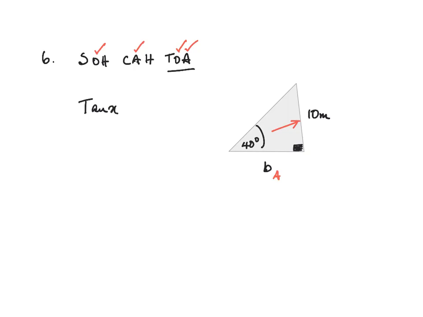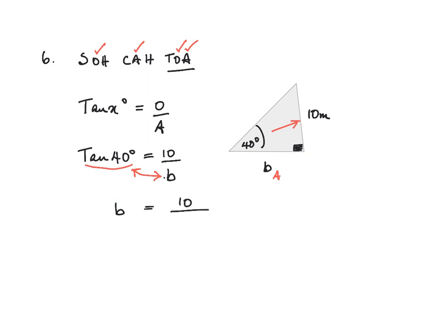Tan of x degrees equals O over A. Tan of 40 degrees equals 10 over B. Now, do you remember what to do here? These quantities change place. So B then equals 10 over the tan of 40 degrees. And calculator gives us the answer 11.9.